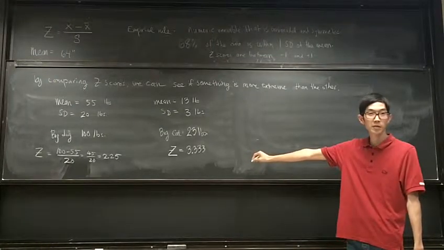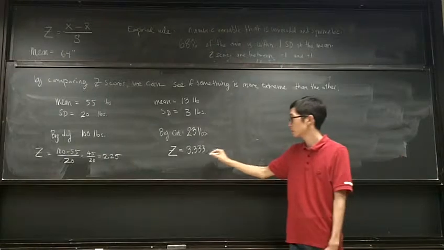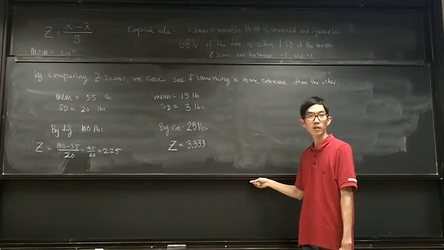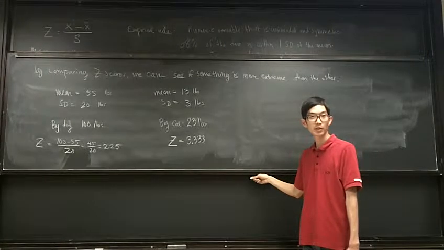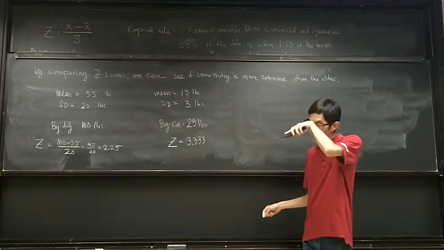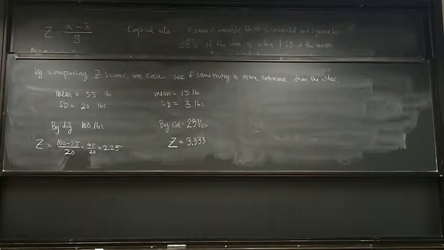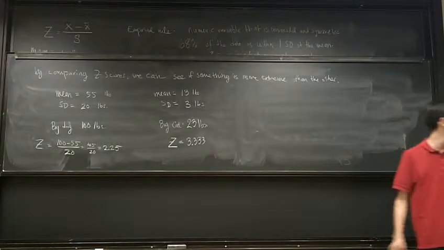This is what we got. 2.25 and 3.333. Do you guys need another moment? I feel like I've got to speed things up because I want to talk a tiny bit about your lab.